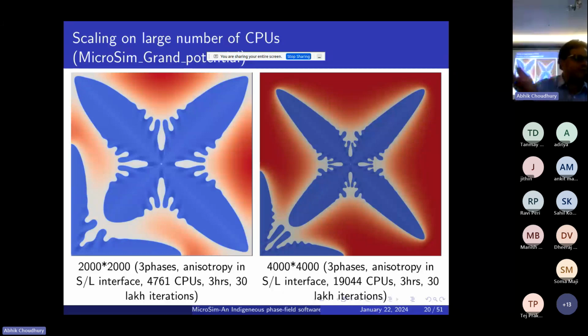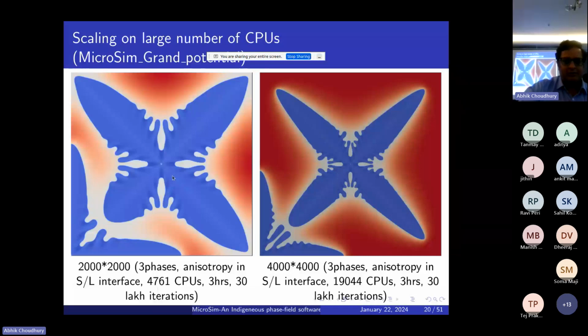So we can essentially do very large runs, and these are the first runs that were performed on that system. On the left is the same simulation that I showed in a smaller setup, but here it's slightly larger, with 4 million points in the domain. And we use 4,761 CPUs for about 3 million iterations.